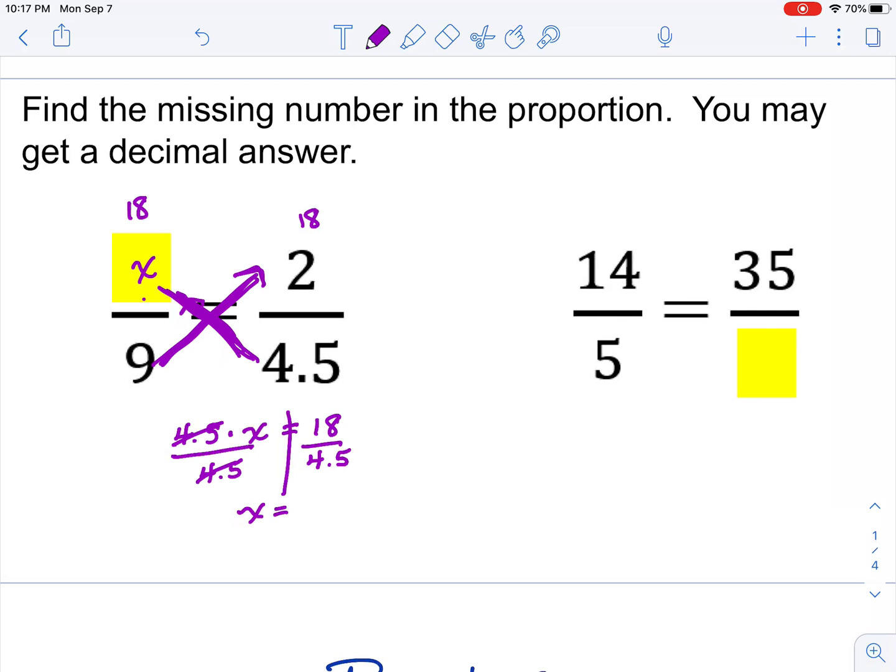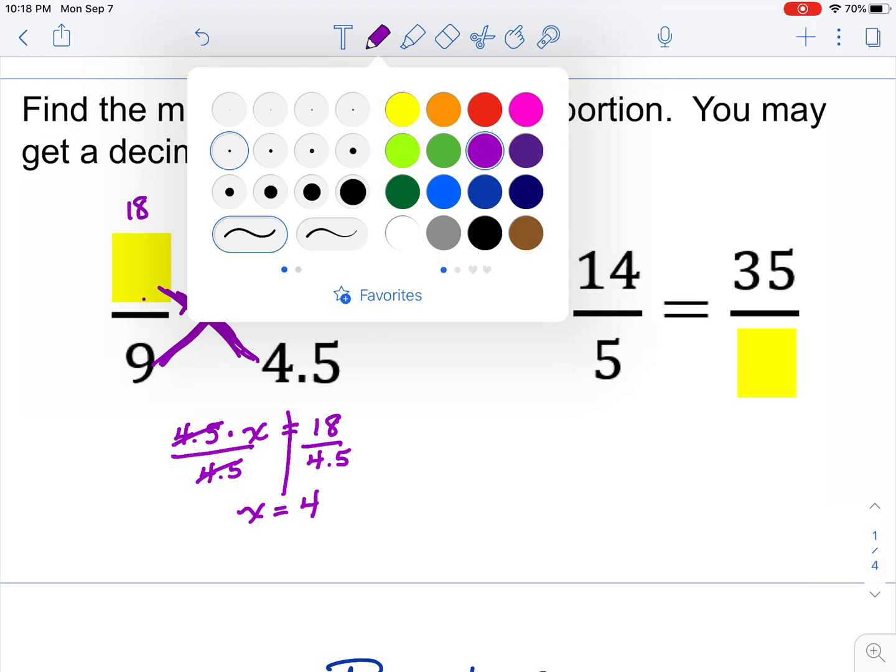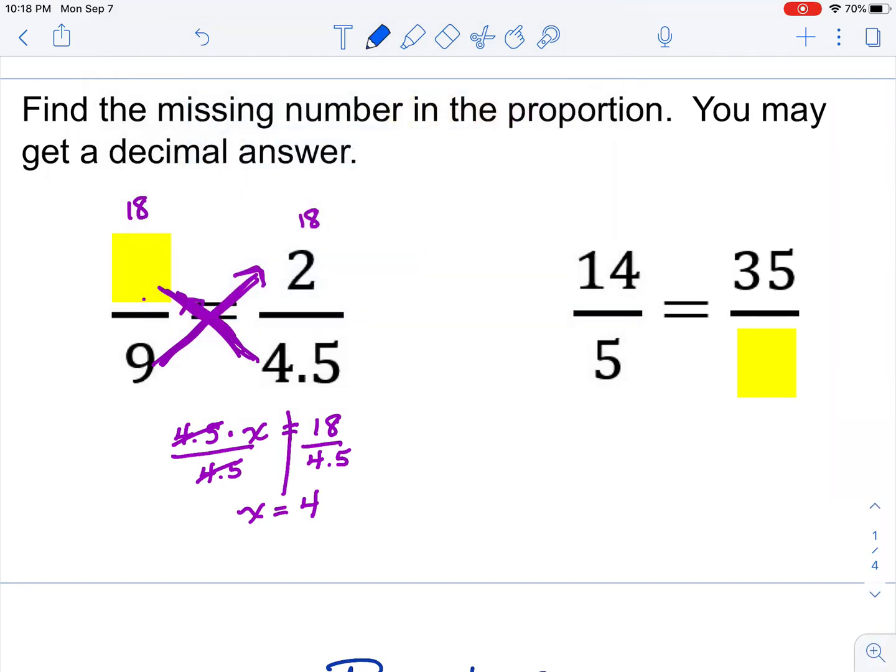So 18 divided by 4.5 is 4. So that means that this missing number right here would be a 4.